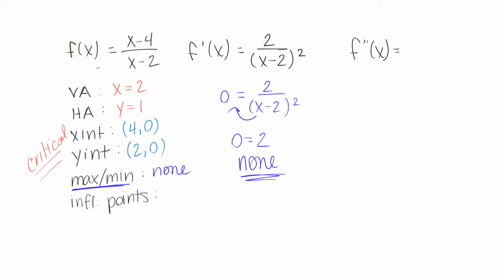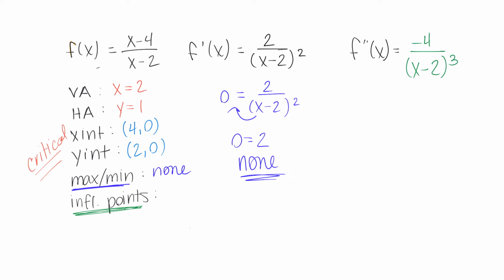Okay, let's go to inflection points. Our inflection points are going to come from our second derivative. So find our second derivative. I hope you already found that. Our second derivative is negative 4 over, let me think, (x minus 2) cubed.